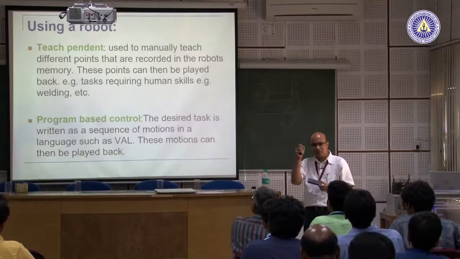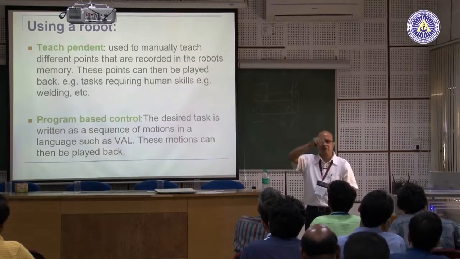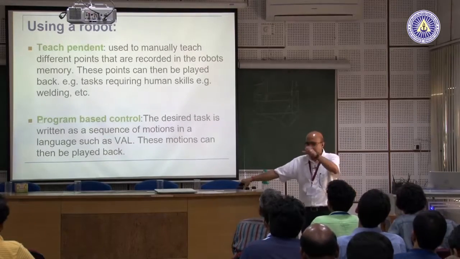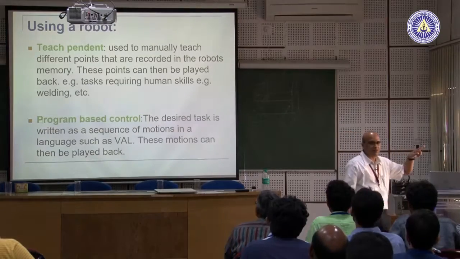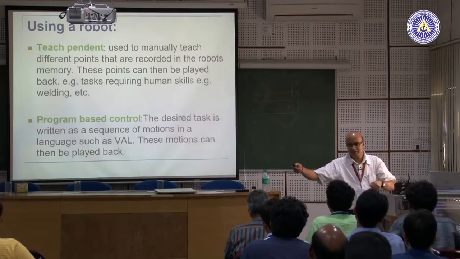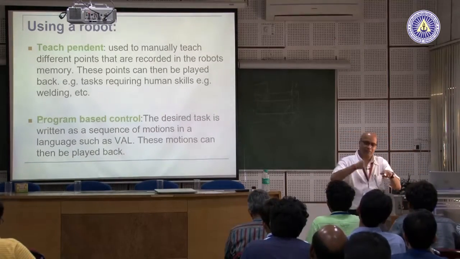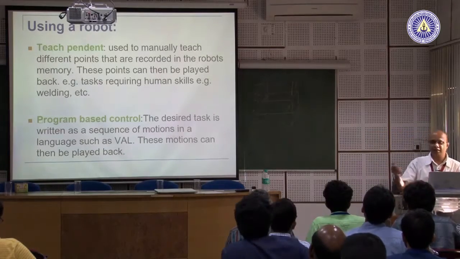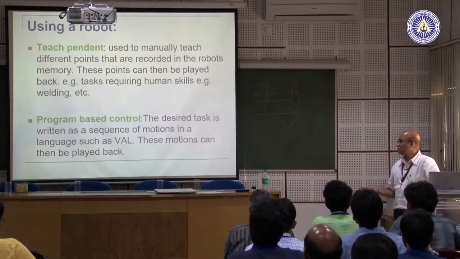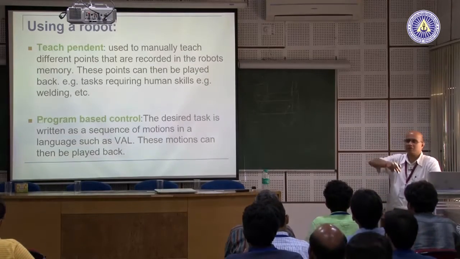So, simply by pressing plus you can move the joint in one direction, or you can move it in another direction, and at every point when it is moving you can store the corresponding position of the end effector in the memory. So, you can physically move it around, store those locations, and then play back. So, for simple operations like pick and place, etc., you can use teach pendant. Catch it, take it somewhere, all that.